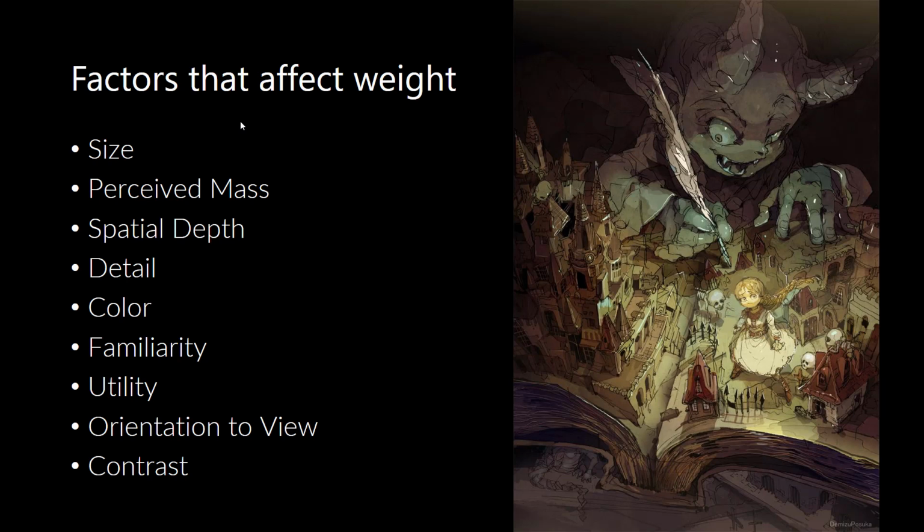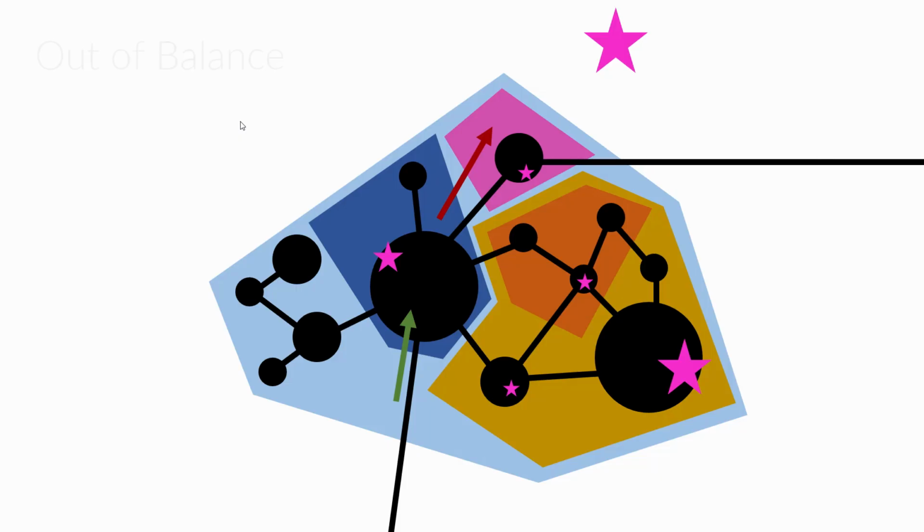Size, the perceived mass of the space, the spatial depth, how large it is, the detail that's put into it, familiarity, color, all of this is very analogous to weight in an image composition. And much in the same way, a layout can also be out of balance because of the weight of the different spatial structures.